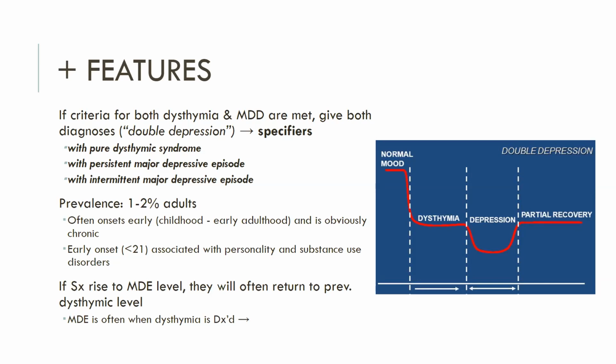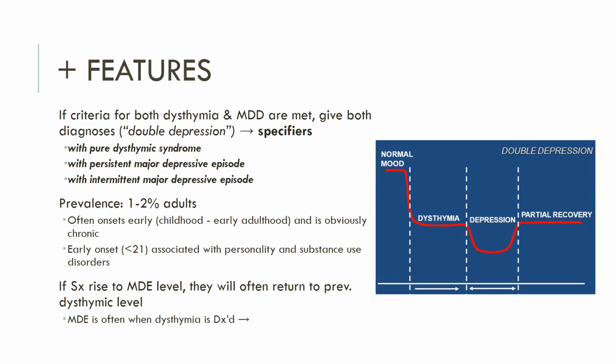Early onset, so developing dysthymia prior to the age of 21, is associated with personality as well as substance use disorders. So it's more likely that to a degree this person's mood may be a consequence of their personality versus a consequence of what's happening around them. So we might be seeing a neurotic personality here. And then the substance use has more to do with coping mechanisms.